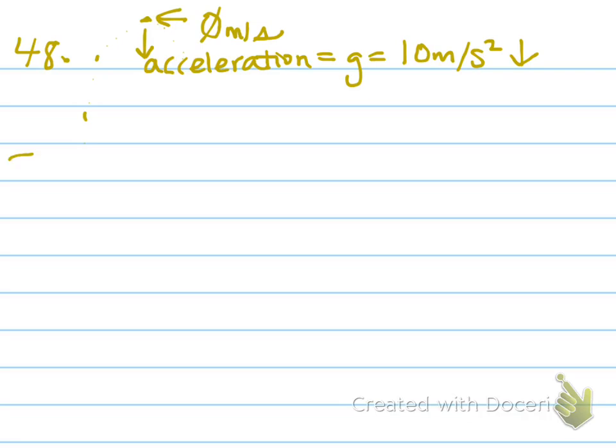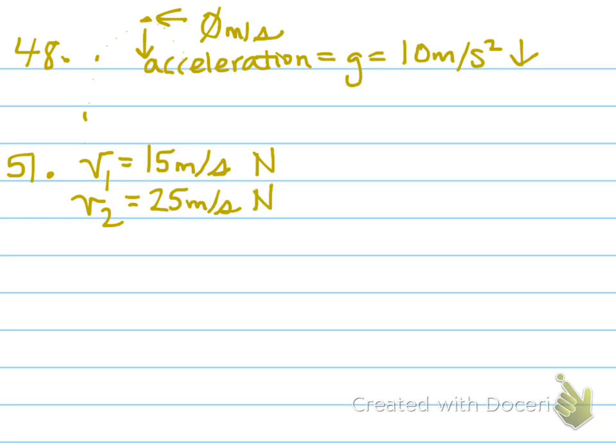All right, almost done. Number 51. A dragster going at 15 meters per second north increases its velocity to 25 meters per second north in 4 seconds. So our first velocity is 15 meters per second north. Our second velocity is 25 meters per second north. And it does that in a time of 4 seconds. What is its acceleration during this time interval?